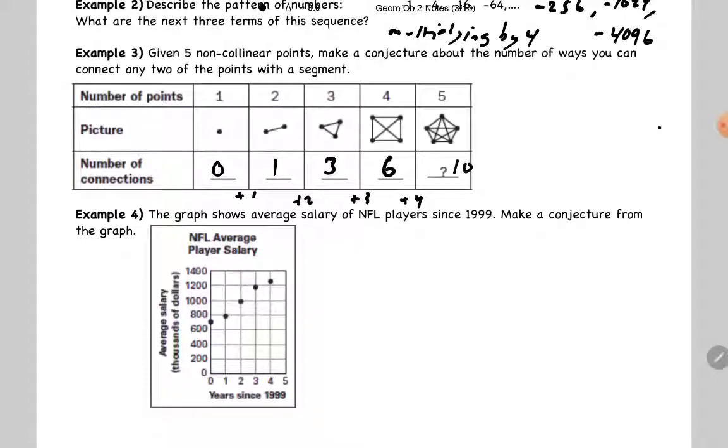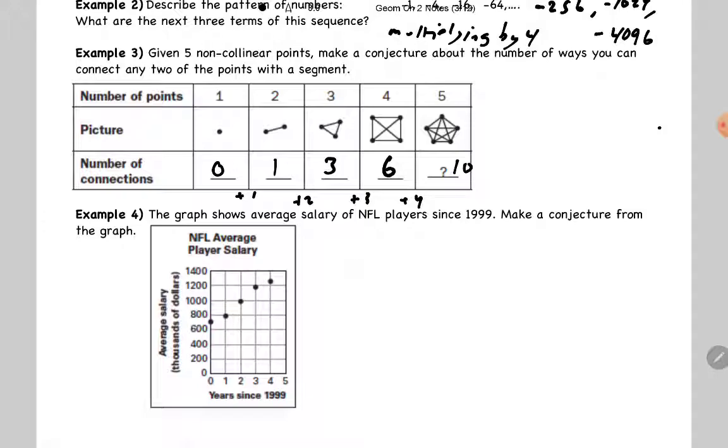The graph shows an average salary of the NFL players since 1999. Make a conjecture from the graph. So remember, a conjecture is an unproven statement.